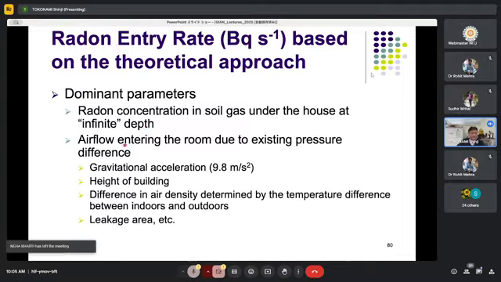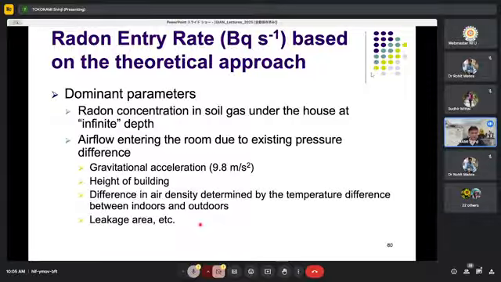Second, airflow entering the room due to existing pressure difference, which includes gravitational acceleration, height of building, difference in air density determined by the temperature difference between indoors and outdoors, and leakage area, and so on.